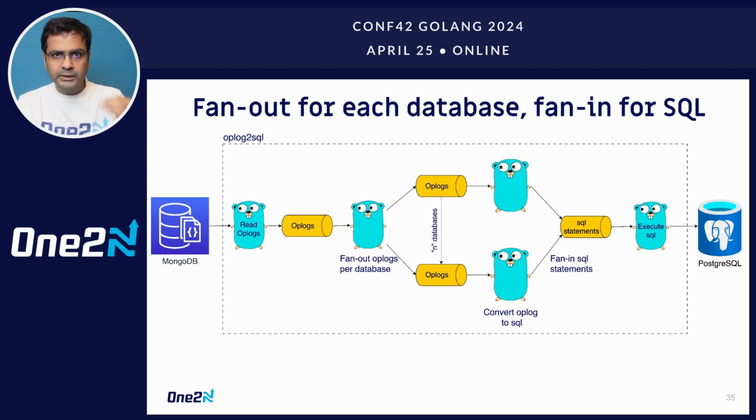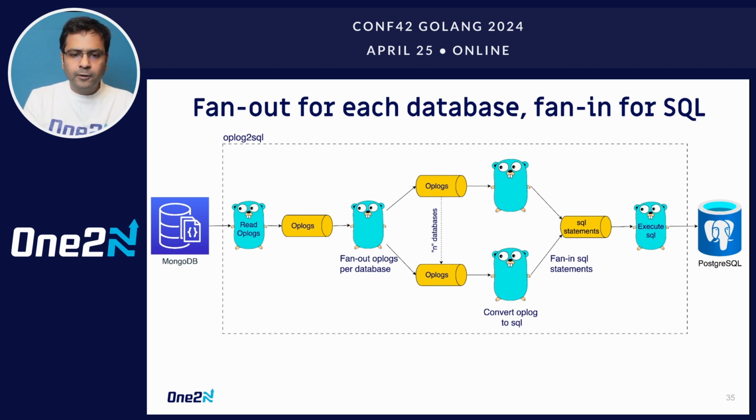We push this into the same oplogs channel. But on the other side, we have a single Go routine which will fan out these oplogs per database. So essentially what we're doing is we're segregating and creating a channel per database. So if you have n databases, we're going to create n number of channels.